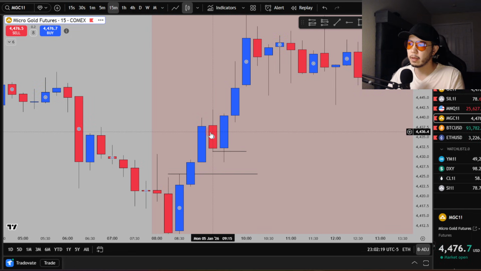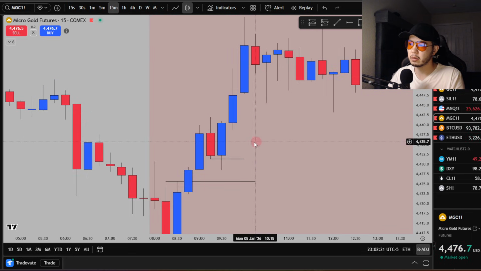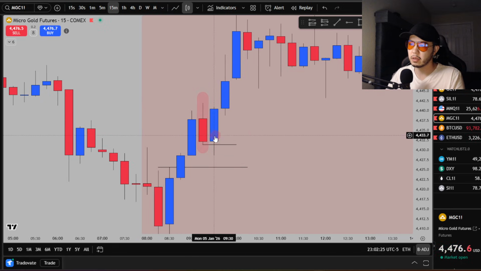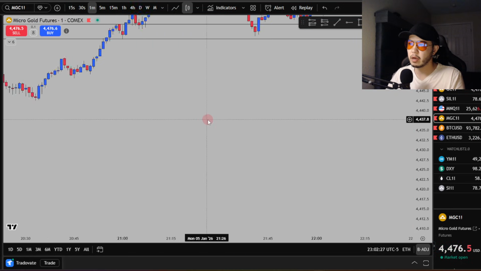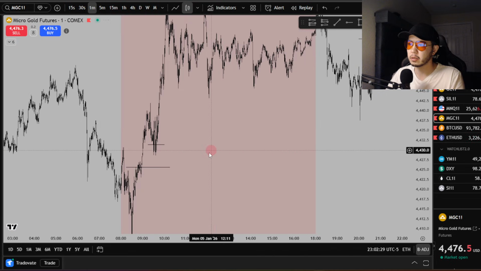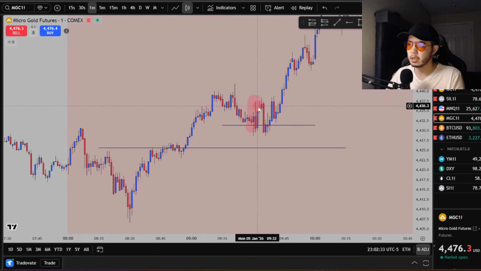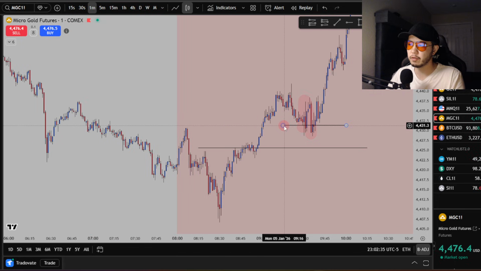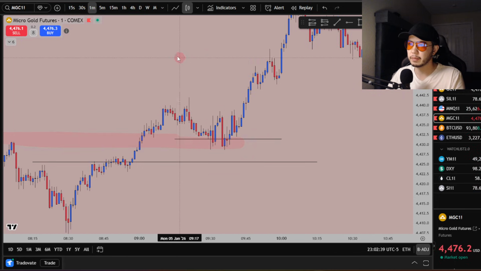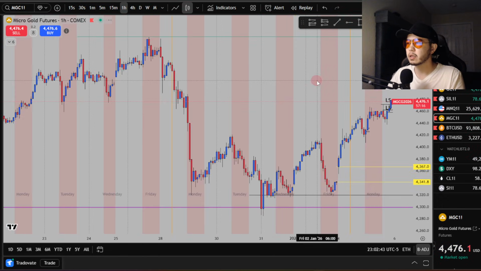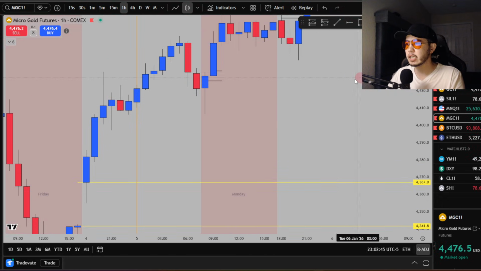Let's say this area, even though we closed like this, we can just go down to the 1 minute. See, it matches it. Usually the 15-minute matches it with the hourly anyway, so you get the same result, but there's a clearer way of seeing it.